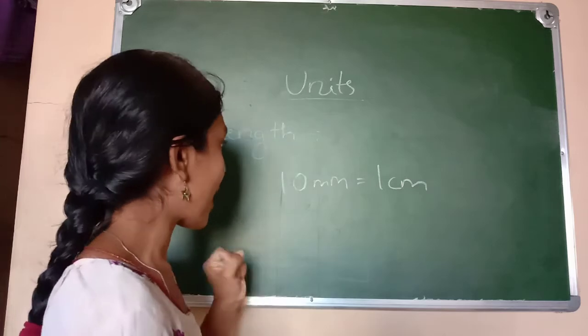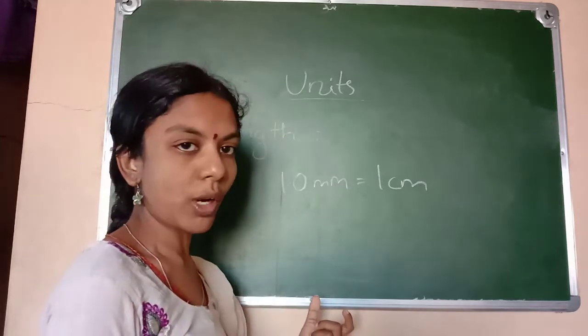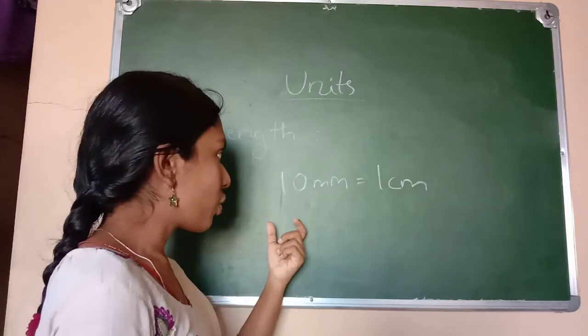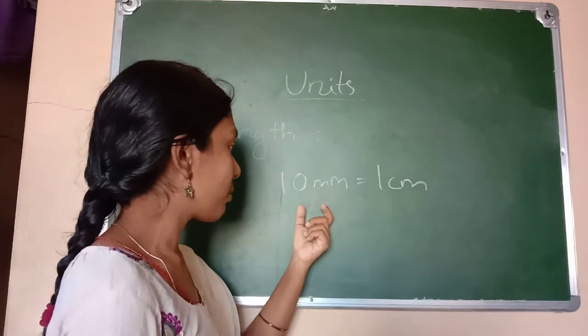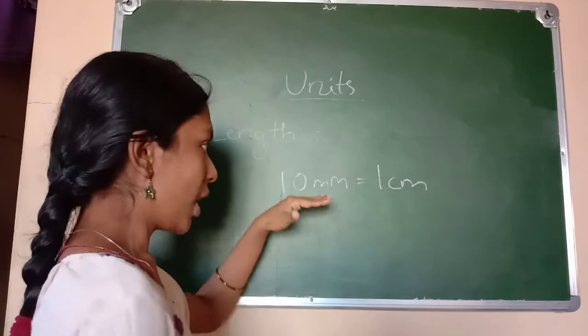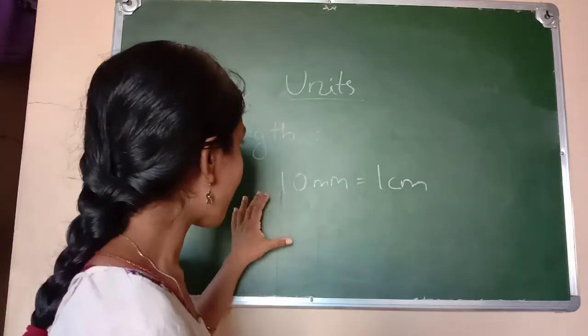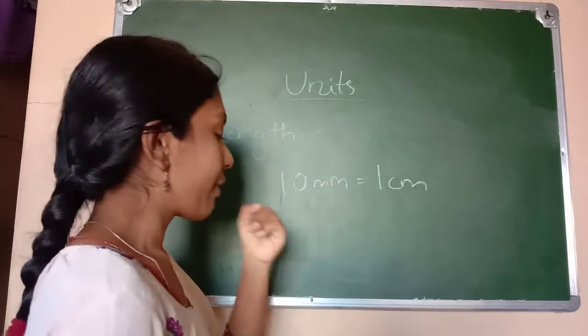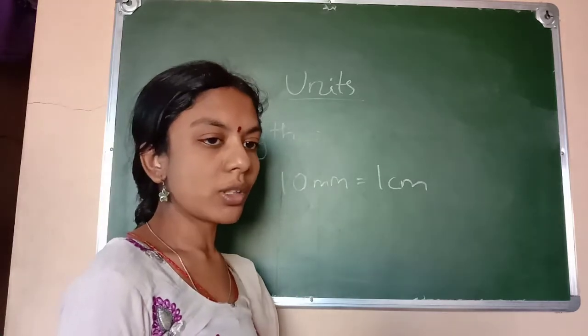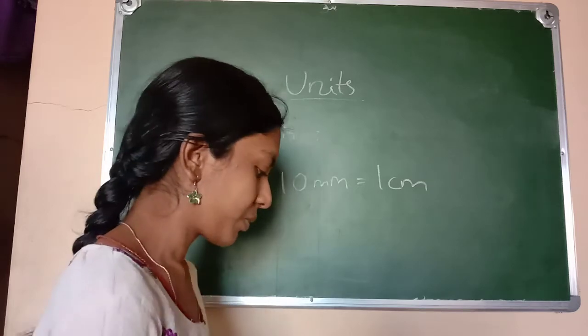So this is just an example of how there can be different units for a length, and each unit can be converted from one form to the other. Here I have shown the basic conversion from the millimeter to the centimeter. So this is the main example of why we require units, and how different units can be converted into different forms.